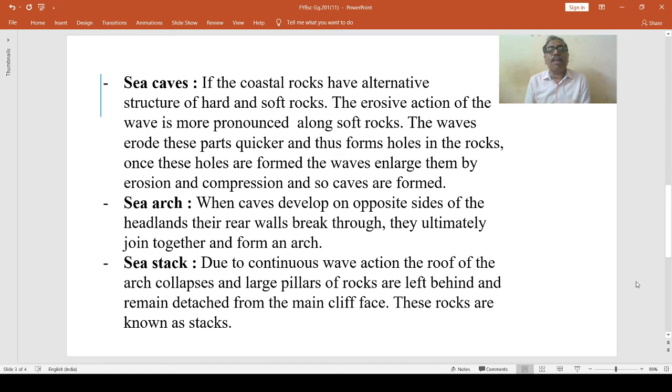Once these holes are formed, the waves enlarge them by erosion and compression, and so caves are formed. Here we have to discuss the formation of sea caves. If the coastal rocks have an alternate structure of hard and soft rocks, it is the most important condition for the formation of sea caves.